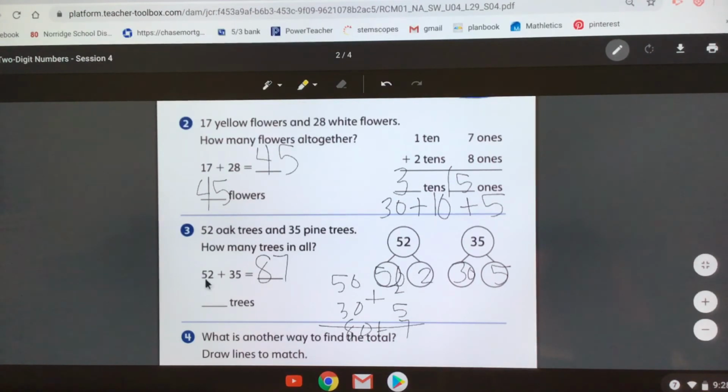Could even double check your work right here. 5 plus 3 is 8. 2 plus 5 is 7. You still get to 87. So 52 plus 35 is 87. There are 87 trees.